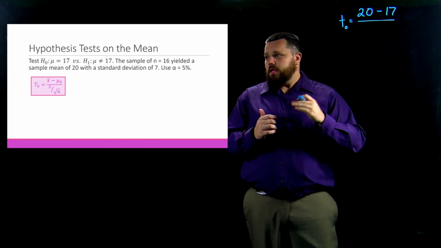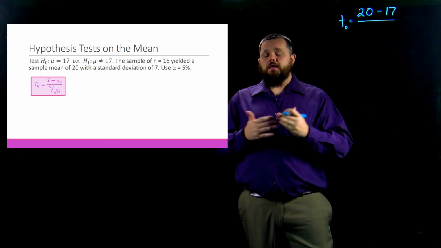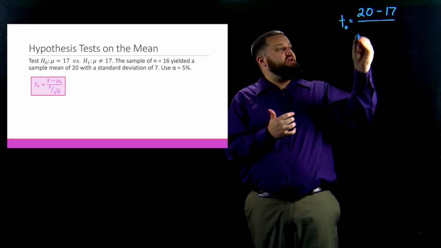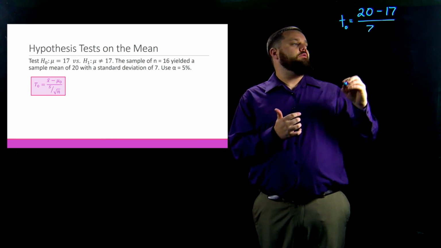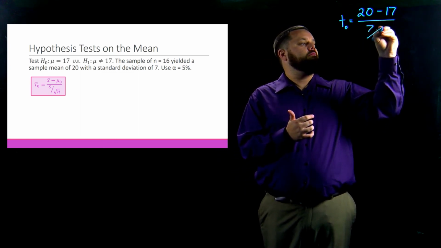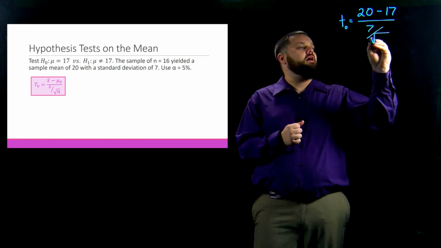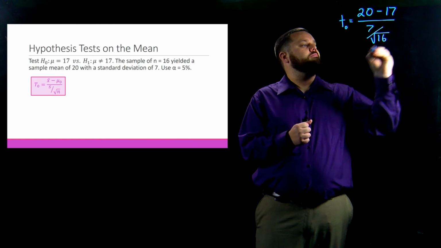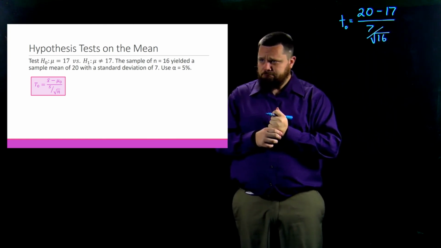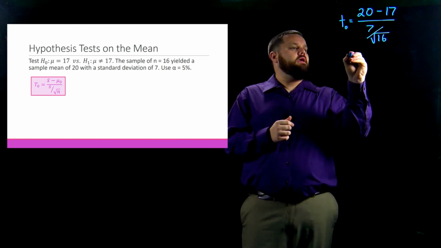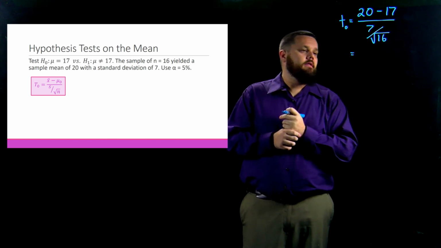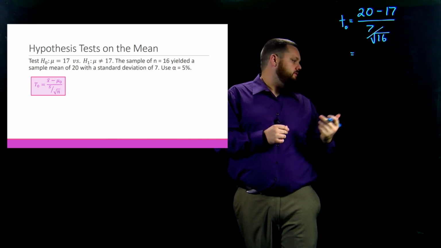Divided by s over the square root of n, s being our sample standard deviation, which here we're given as 7, and then divided by the square root of our sample size, which is 16. And then we can calculate our test statistic value.